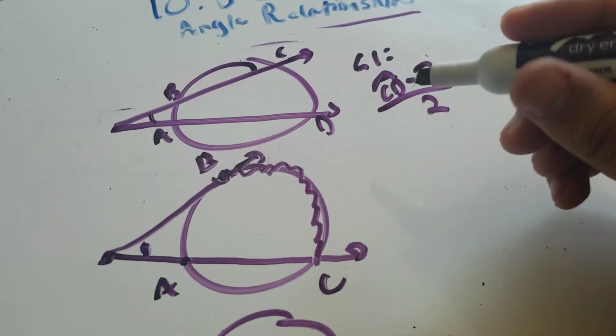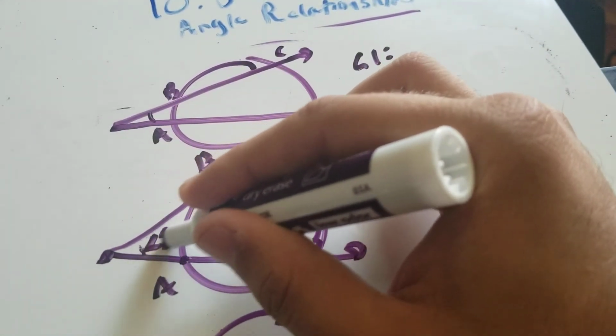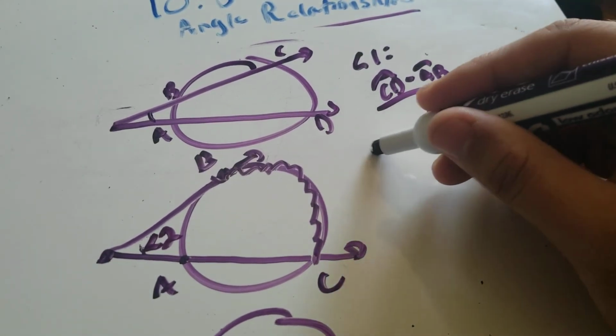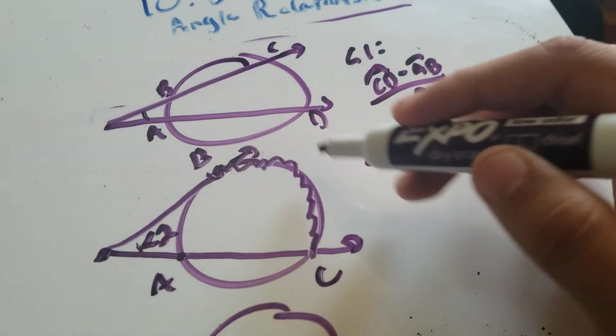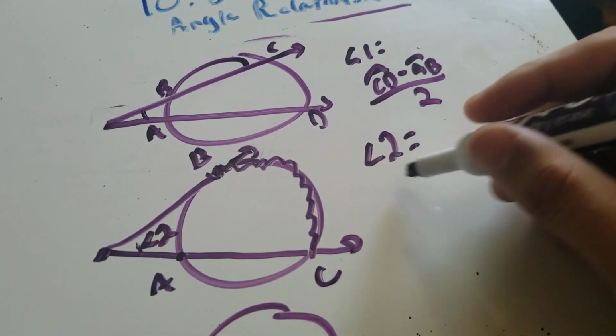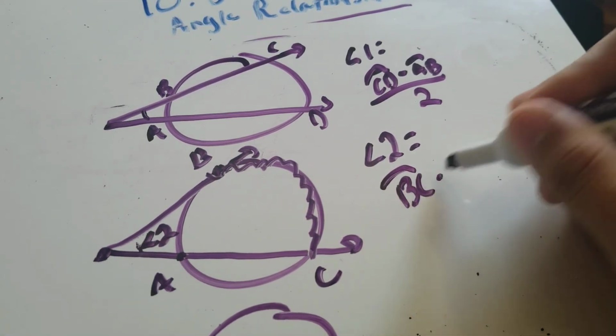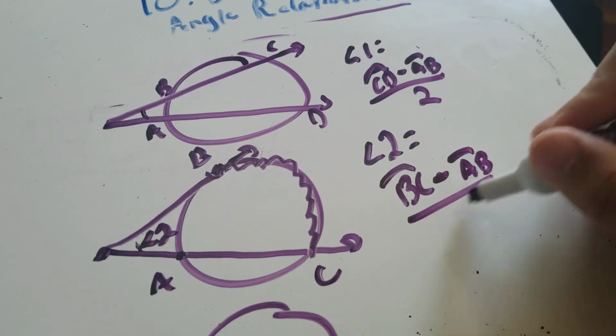So let me call this angle 2, I guess, because I don't want to repeat. Angle 2 is going to be the bigger arc, or the major arc, or the farther away arc, which is BC. So arc BC minus arc AB, divided by 2.